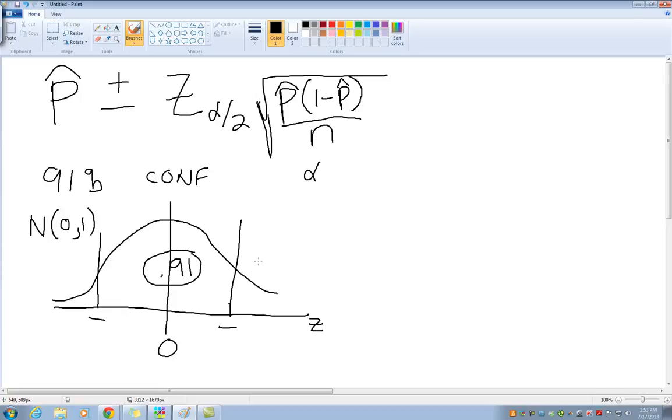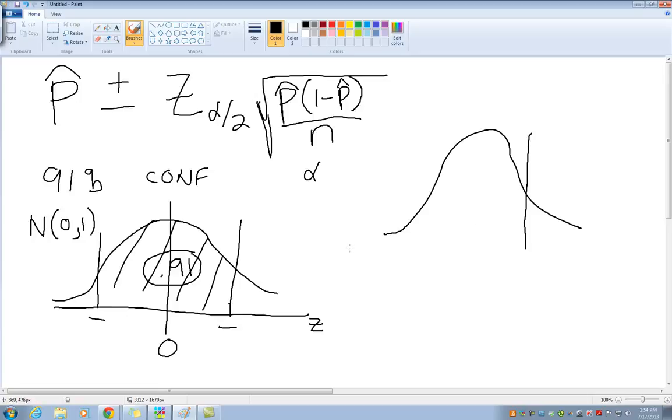But don't worry about alpha. We've got the picture right here. I want the middle 91% cut off. Well, the problem is we're going to be stuck with a program, StatCrunch, that likes to do lower tails and upper tails.